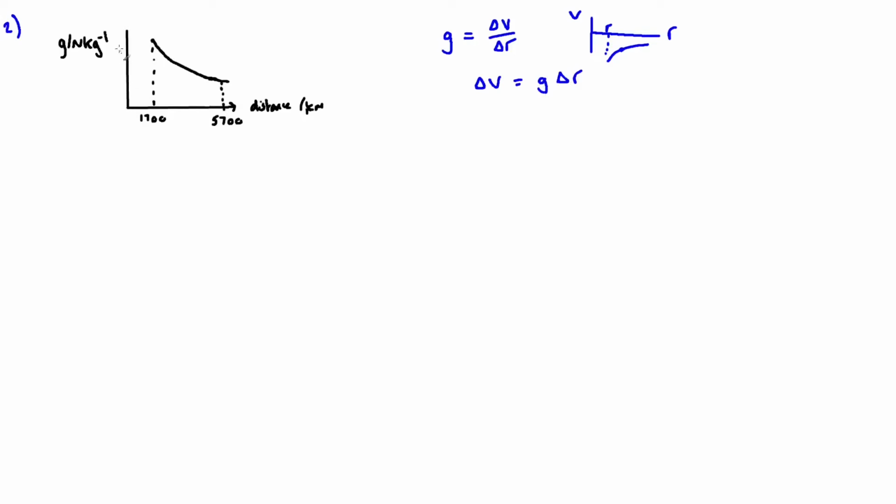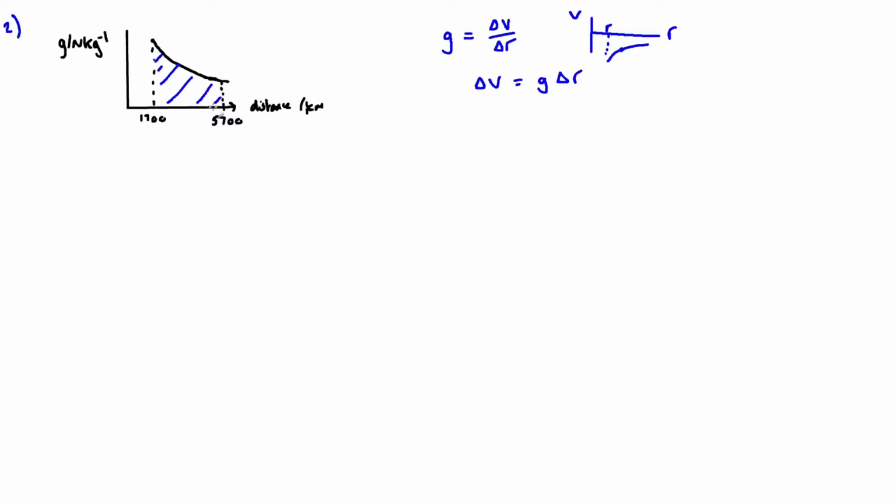Now, if gravitational field strength is changing, as it will be here, then that will be the area under the graph of g against distance. Because these quantities are multiplied together, it's the area under this graph. In other words, the change in gravitational potential, which is the change in energy of a 1 kilogram mass, will be the area under this graph between 1700 kilometres, which is the radius of the moon, and 4,000 kilometres above the surface.